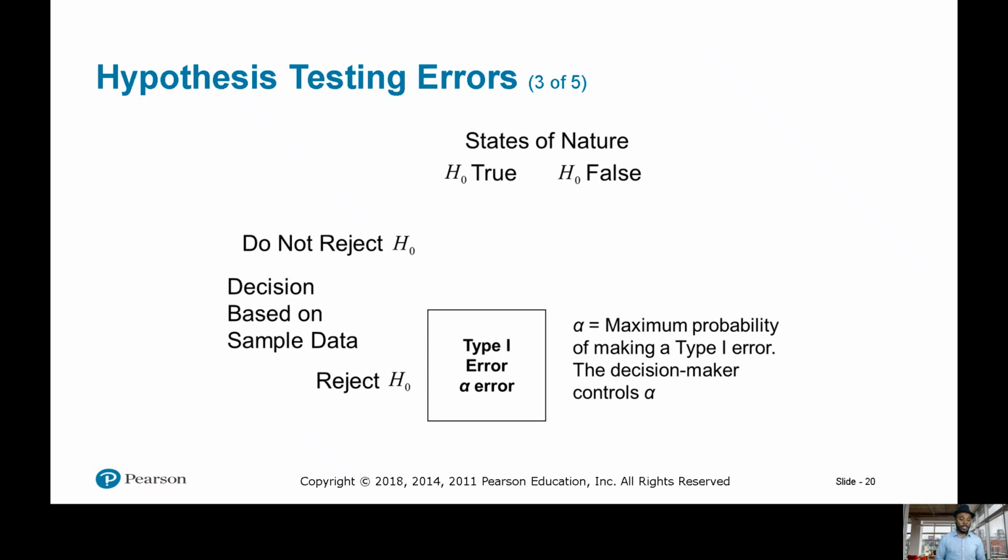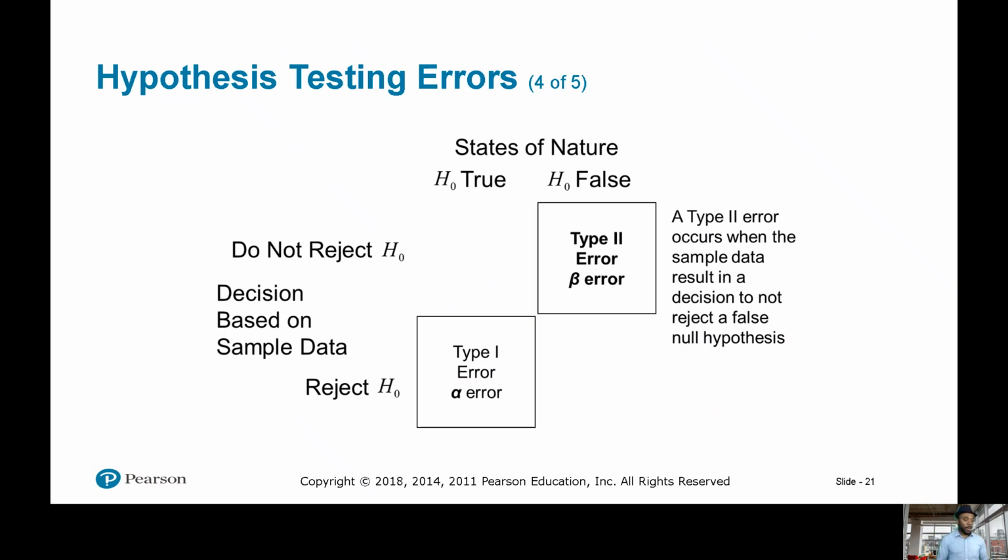It's the amount of uncertainty we are willing to live with when we reject the null hypothesis. We typically set the value at the beginning of a study, which is when we set our significance level.